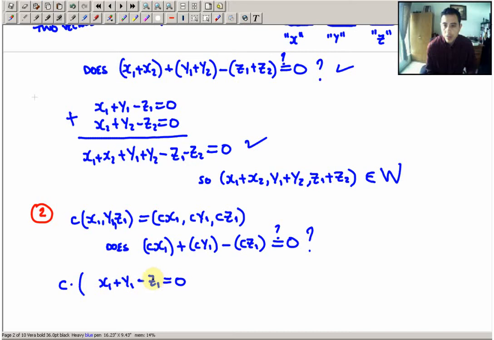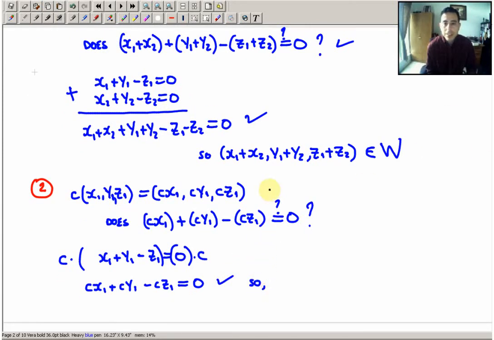Multiply both sides by the scalar. So you get cx1 plus cy1 minus cz1. 0 times the scalar is 0. So yes, it does satisfy, right?